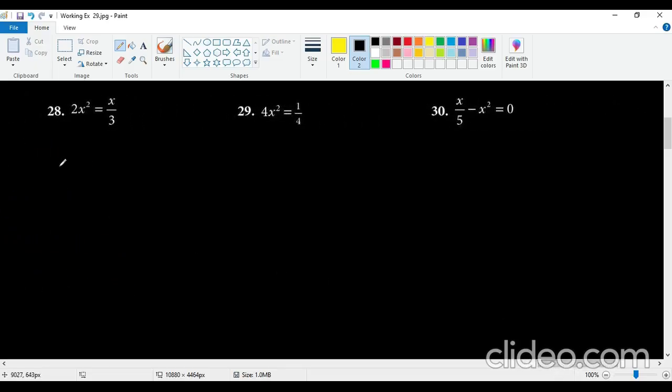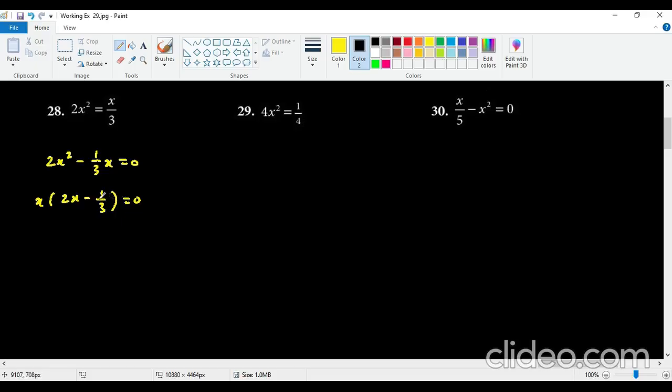When it comes to question number 28, I can rewrite this as 2x square minus 1 over 3x equals 0, and this x is common in both of them. So x times (2x minus 1 over 3) in the bracket.